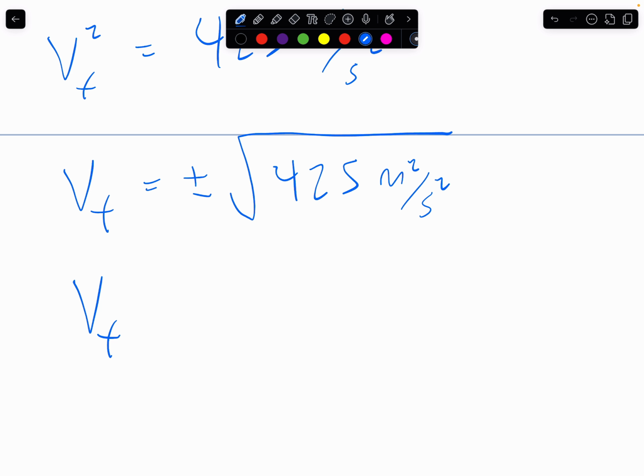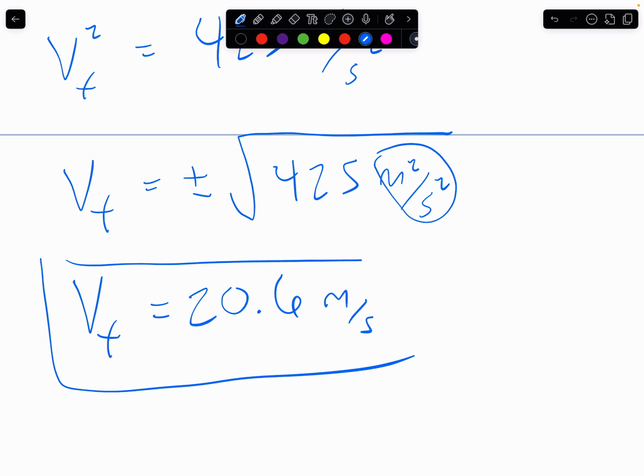Because the ball is moving downward just before it hits the ground, and that's the positive direction, I'll choose the positive root here. 20.6. And when you take the square root of meters squared over seconds squared, it turns into meters per second. All right, so there's V final.